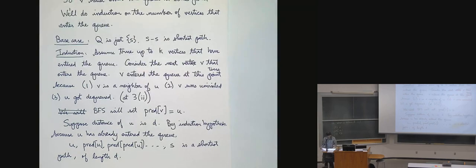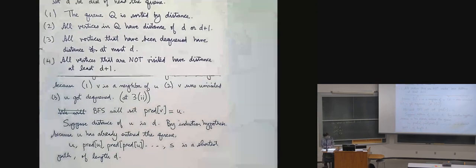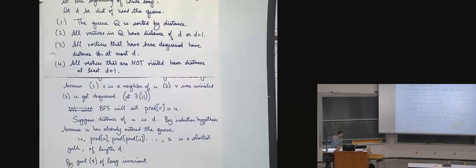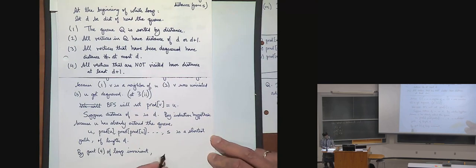Okay, so let's complete this argument. By part 4 of the loop invariant, since V was unvisited at step 3.2, V has a distance of at least d plus 1.